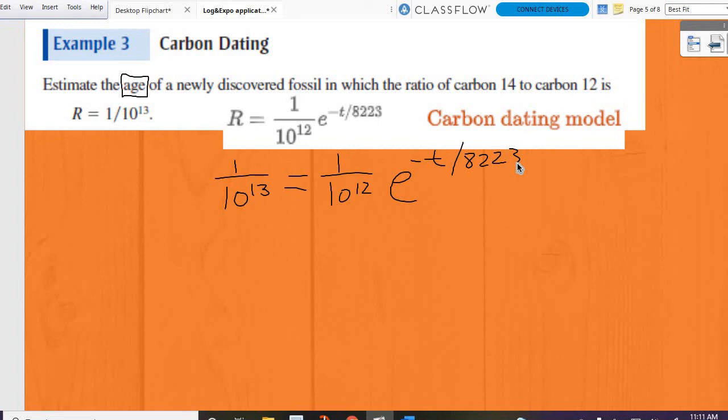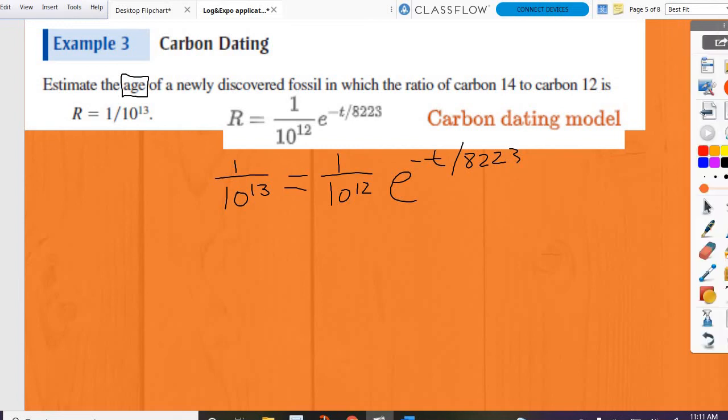A fraction, which is technically the same as dividing by something. So how would I undo that? Multiply by 10 to the 12th, on both sides. That'll reduce with my right side. But what is 1 over 10 to the 13th times 10 to the 12th?